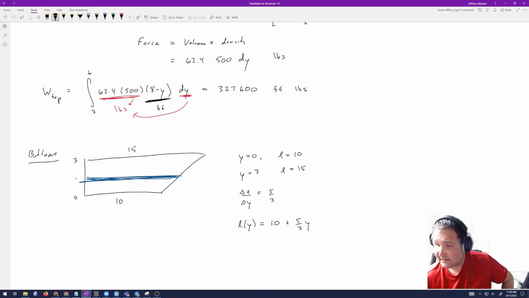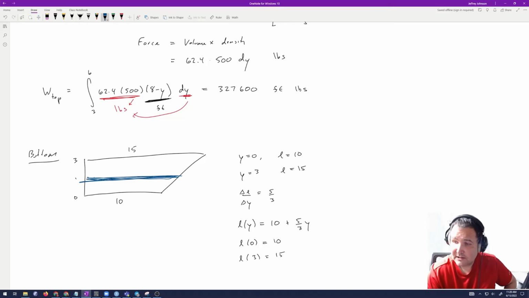And let's check. When y is 0, indeed that's 10. The length when y is 3, indeed that's 15. So that is how long this blue part is. This blue part here is 10 plus 5/3 y. And that way, this total volume is varying, but we have an expression in terms of y.